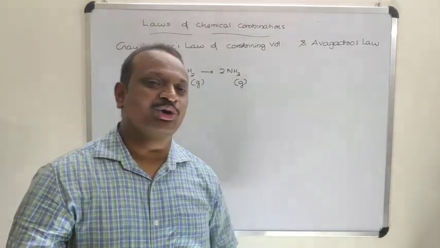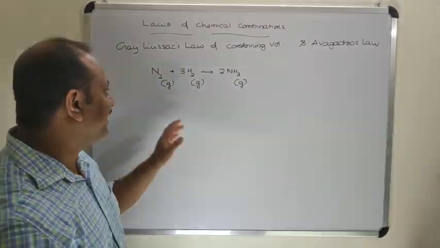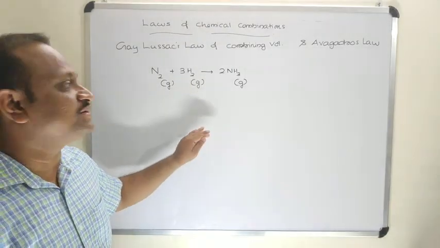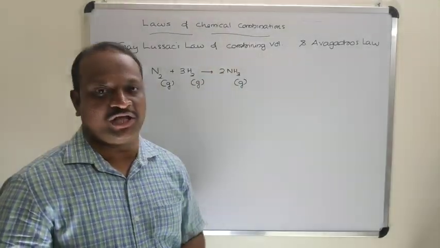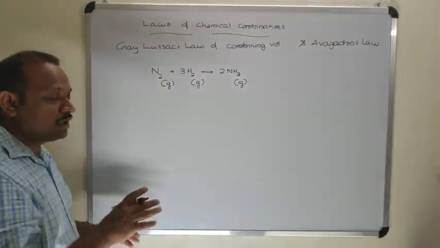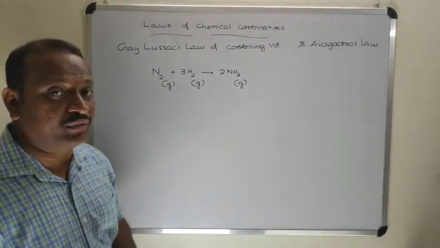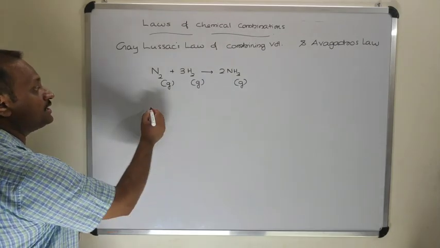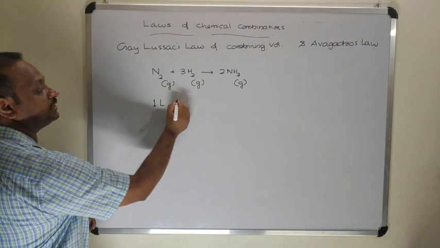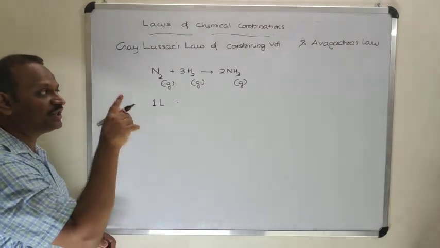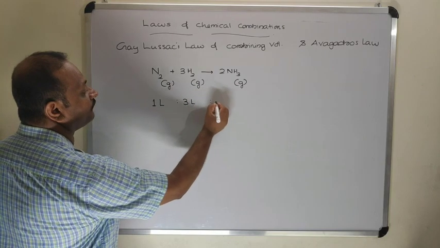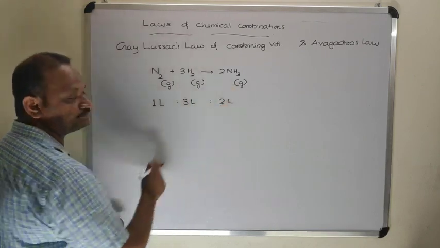We know how we normally read this equation: 1 mole of nitrogen combines with 3 moles of hydrogen to give 2 moles of ammonia. But according to Gay-Lussac's law, under identical conditions of temperature and pressure, when the volume of nitrogen is 1 liter, the volume of hydrogen that combines with it is 3 liters and that of ammonia is 2 liters.